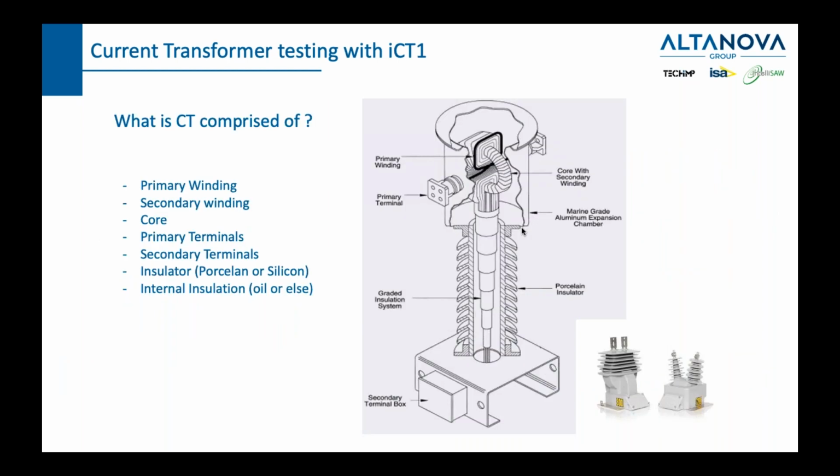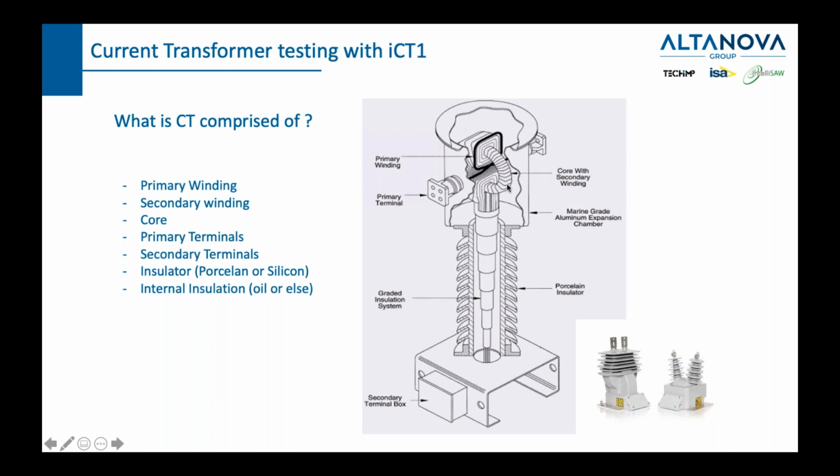So this is your typical current transformer, which is used for high voltage purposes. What you see here is that we have a primary terminal, which extends itself onto a primary winding. You see this line, that's a primary winding. And then you have here a core, and then we have a secondary winding.